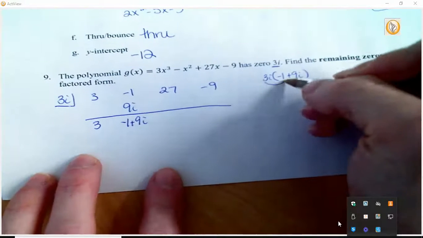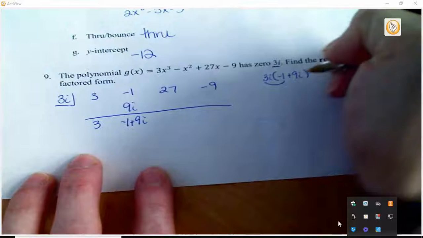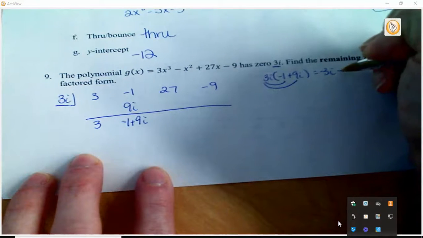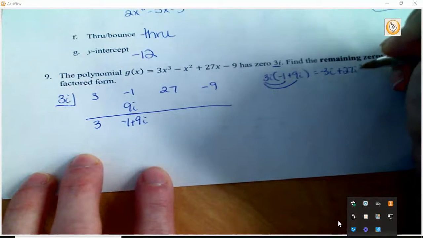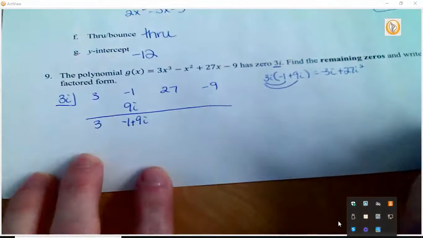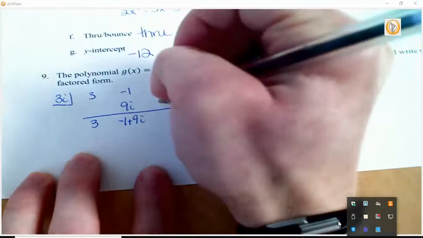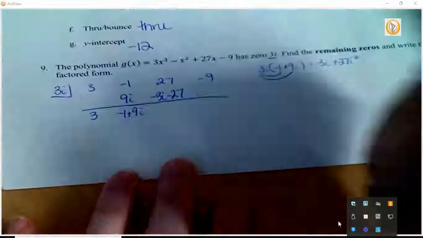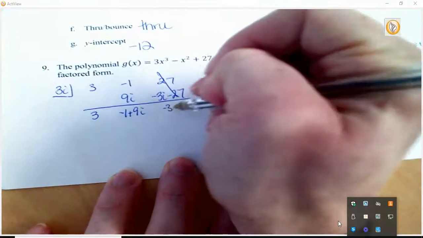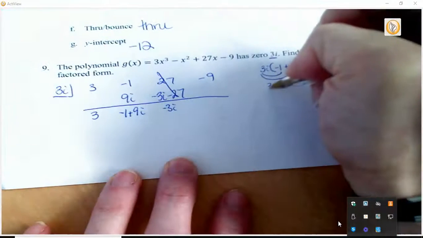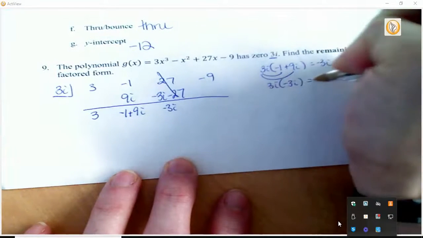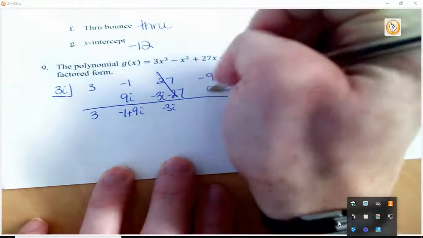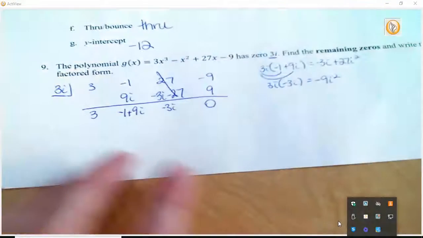So 3i times -1 is -3i. 3i times 9i is 27i squared, which is -27, so we get -3i minus 27. When you add, the 27's cancel and we have -3i. So 3i times -3i is -9i squared, which is 9. Add, and that gives me a 0.